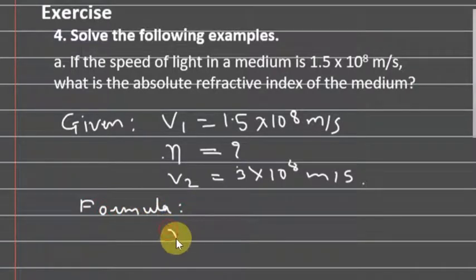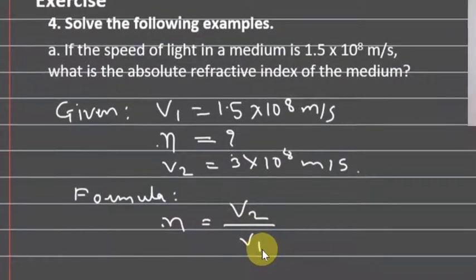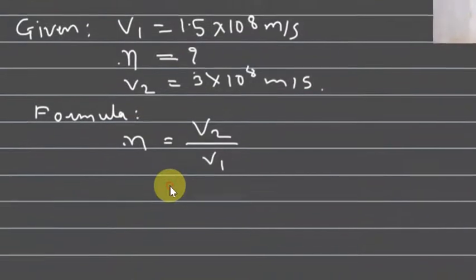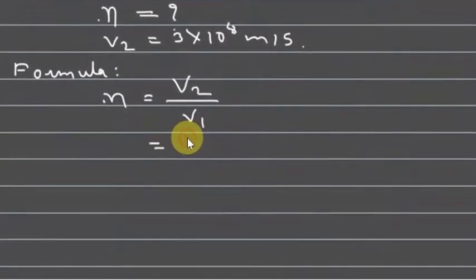The refractive index of medium with respect to vacuum. So medium is V1 and vacuum is V2. So velocity in vacuum V2, velocity in medium V1. So substitute this value. V2 by V1 is 3 into 10 raised to power 8 upon 1.5 into 10 raised to power 8.